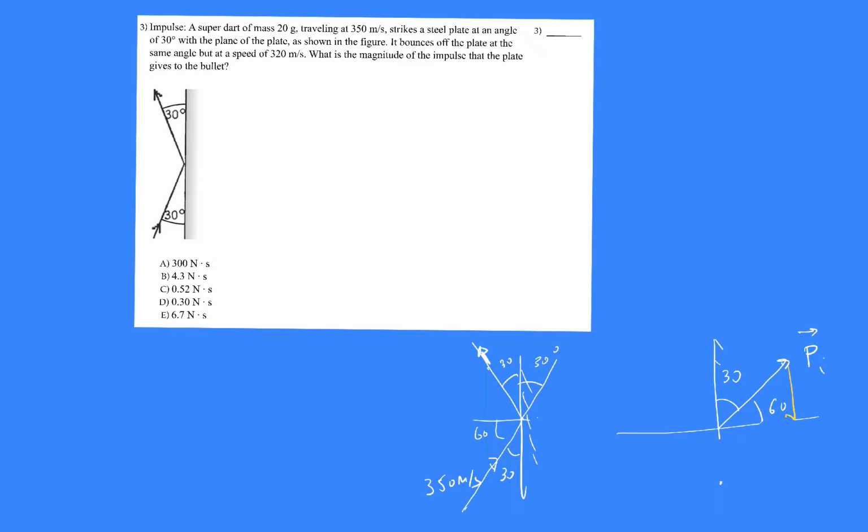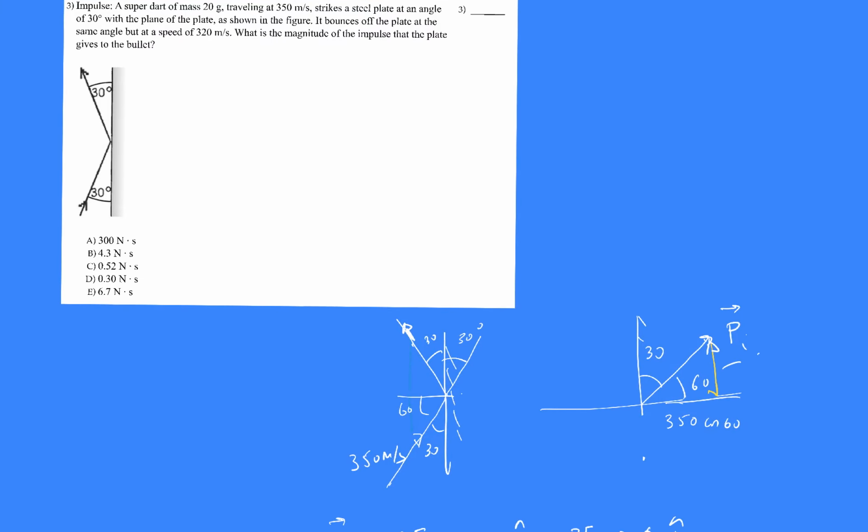350 cosine of 60 in the x direction, and in the y direction it has 350 sine of 60.